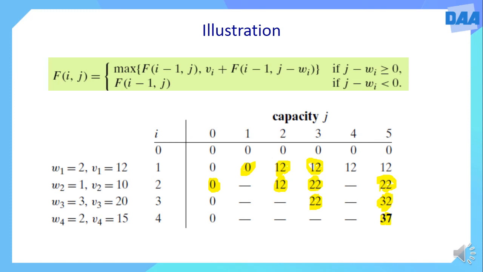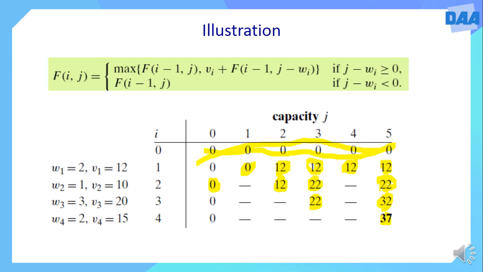Coming to f of 2 5, the recursive call checks this one as well as 5 minus 1, that is 4, this one. Of course, to compute every value in the row indexed by i equal to 1, all previous values are used. They are already computed and saved there, initialized.